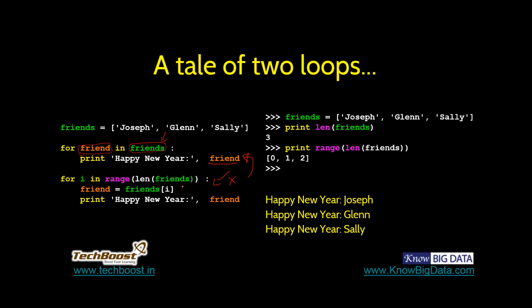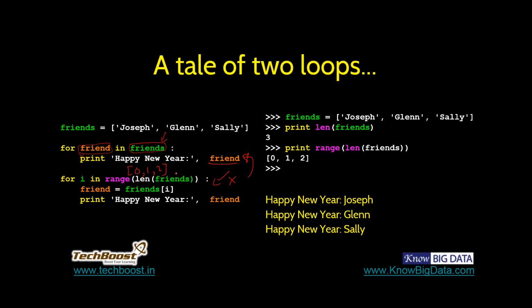But just to understand how you can also use the range function in such a scenario, you say range of len of friends. You don't want to miss any friend in this collection. You want to loop over all the friends, and hence you make sure that you do len of friends. Len of friends gives you 3, and range of 3 generates a list of 0, 1 and 2, and you say for i in range of len of friends.